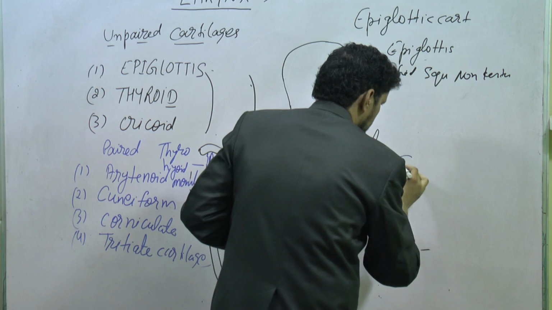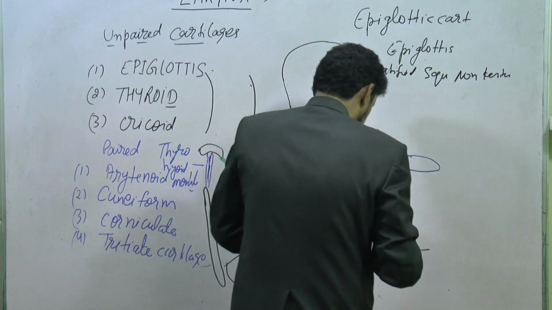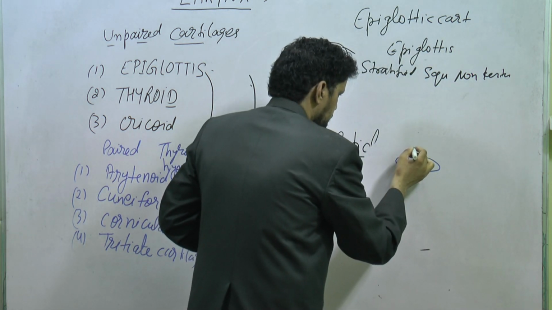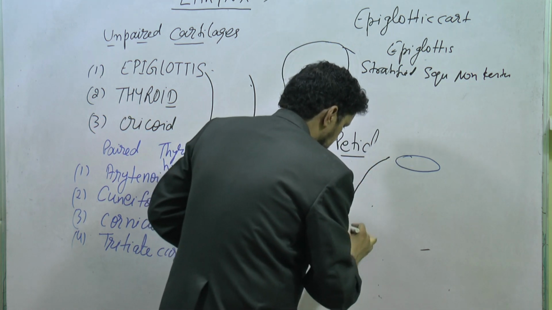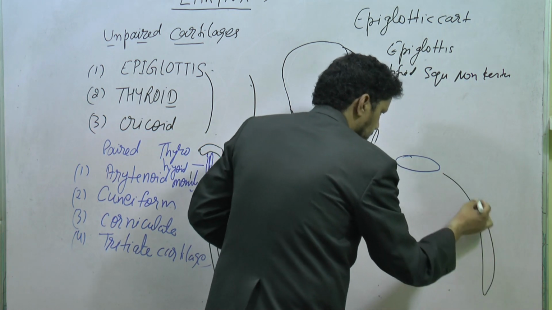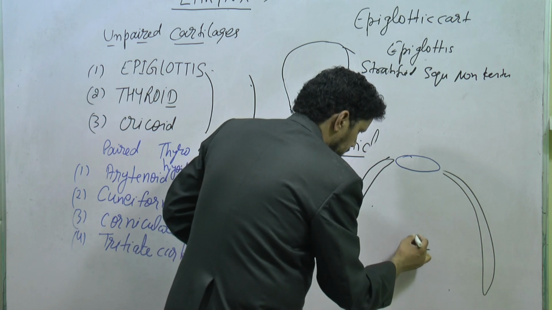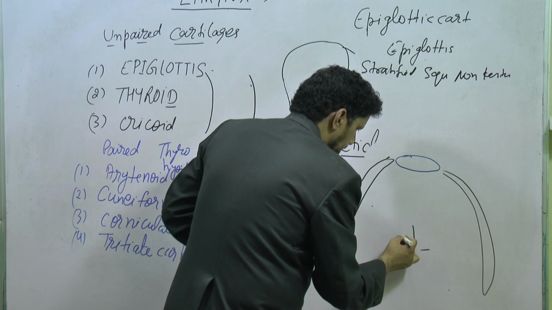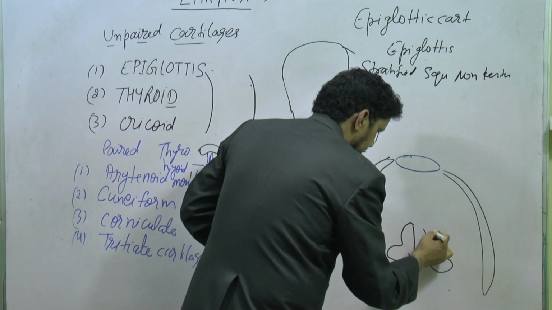So in this section, this is the cut part of the epiglottis, the laminae of the thyroid cartilage, and these are the arytenoid cartilages.